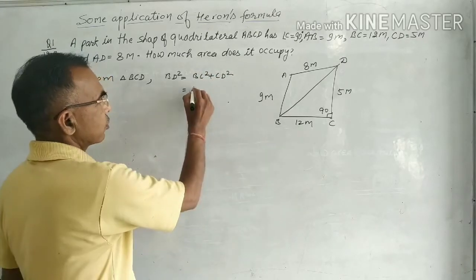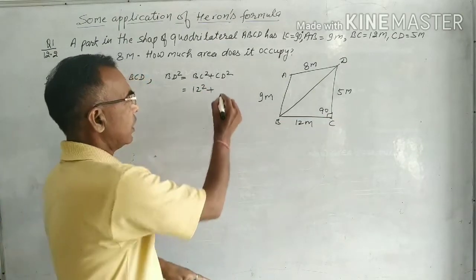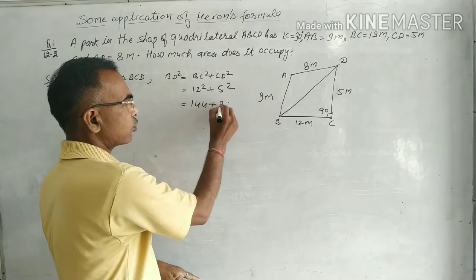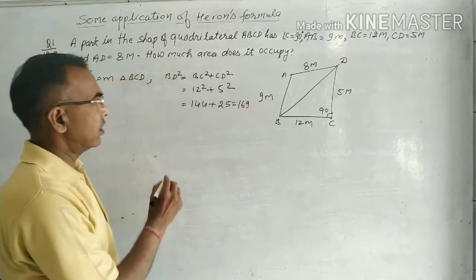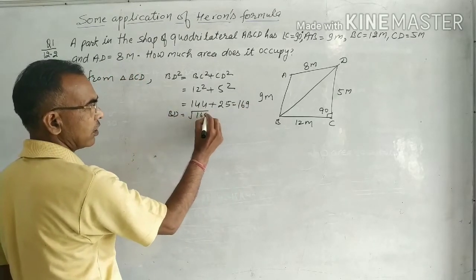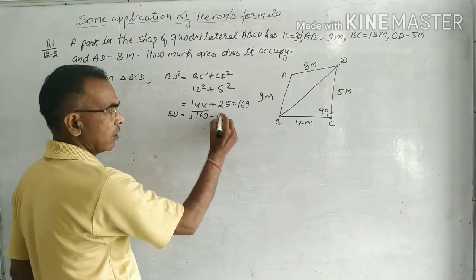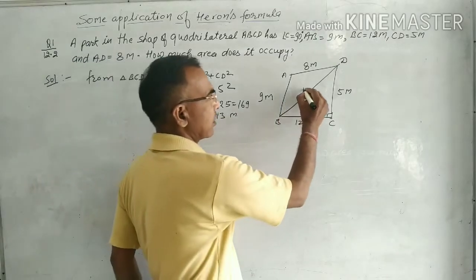BC square of 12 is 144, CD square of 5 is 25, sum 169. So BD equals square root of 169, 169 is the square of 13. Meter. It is 13 meter.